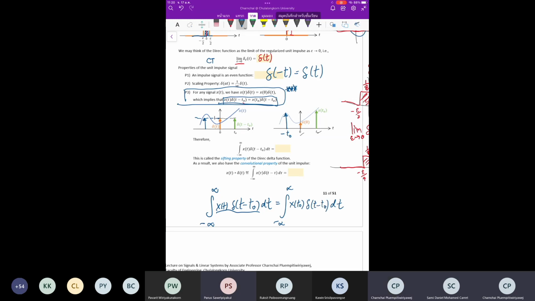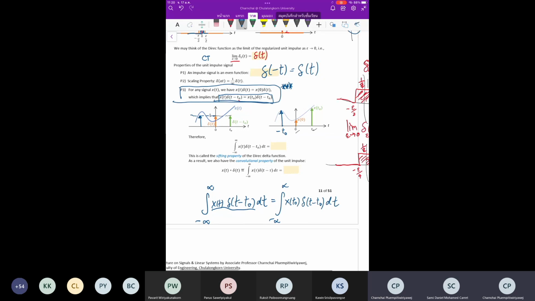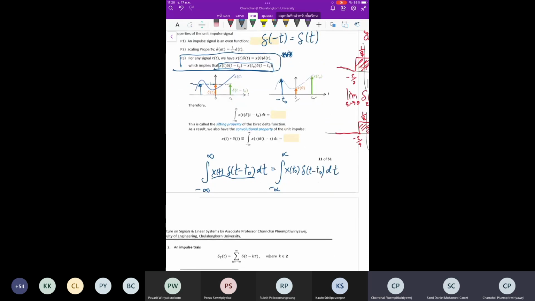Now you can see x(t naught) is just a constant, right? It doesn't depend on t anymore. What can I do? If it's just a constant and does not depend on t, pull it out of the integral, and the rest is 1. Right, exactly. We pull it out and we integrate delta(t minus t naught) dt.